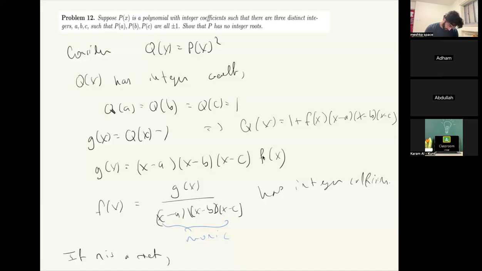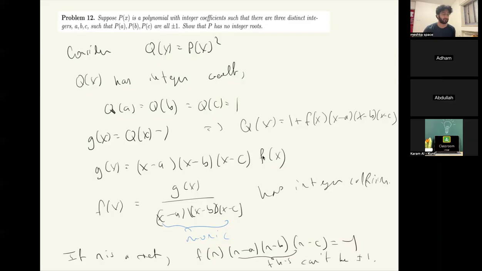Right, so if n is a root, it means f of n times n minus a times n minus b times n minus c equals -1. And f of n is an integer. So this can't be plus or minus 1, because a, b, c are distinct.